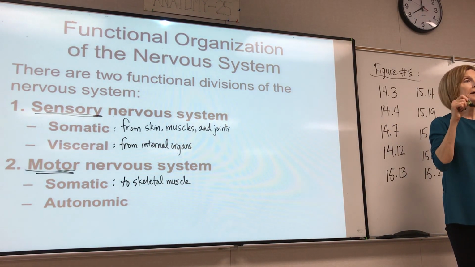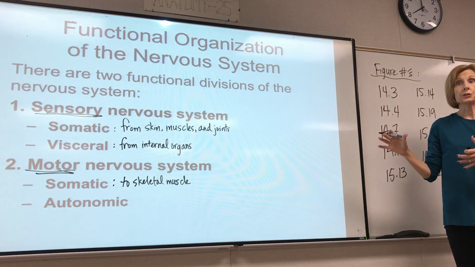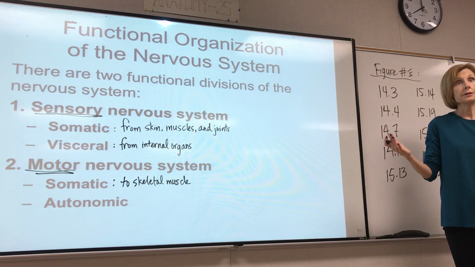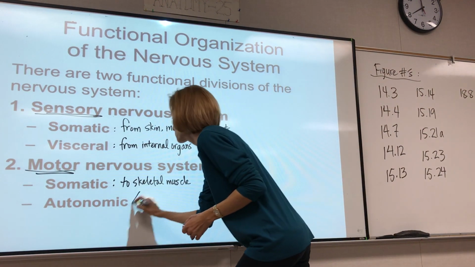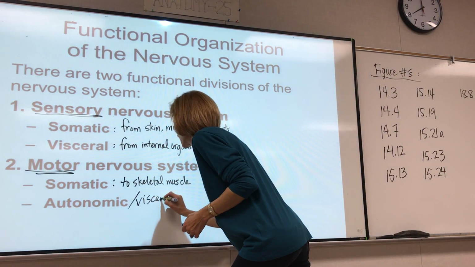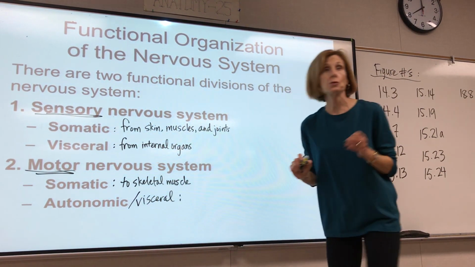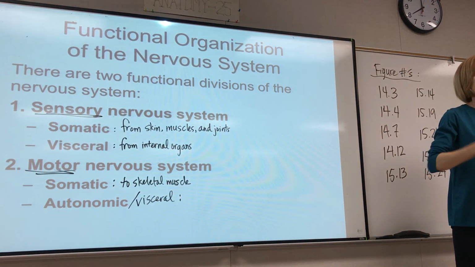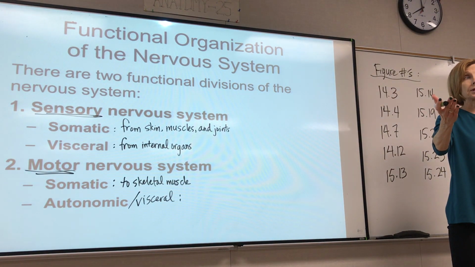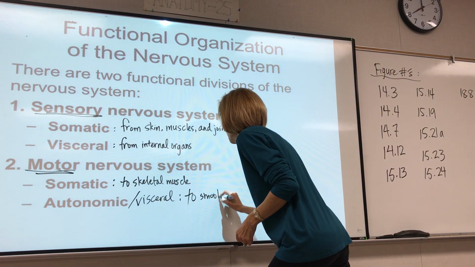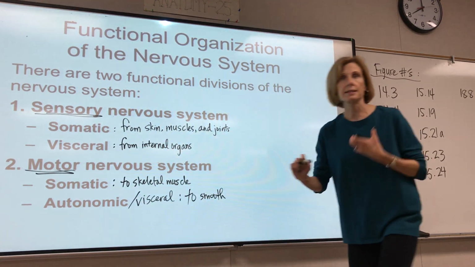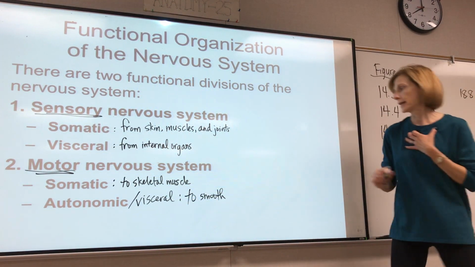Now, when we're talking about motor, we usually use the term autonomic. You can think of this as kind of being synonymous with visceral. So I'm just going to say autonomic slash visceral, because these actually do go to our organs. What type of muscle do we have in our organs? Smooth muscle, yes. Remember, smooth muscle, and what type of muscle is in the heart? And cardiac.